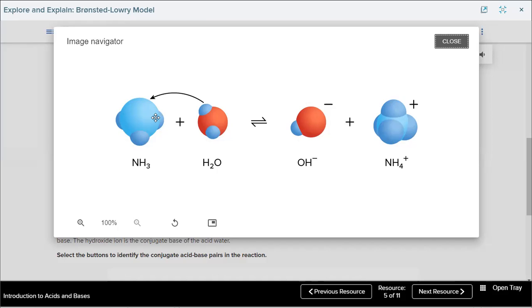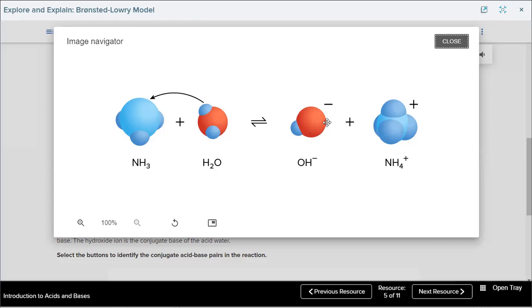With HF, it was a base. But in this equation, H2O will be an acid, because it gives hydrogen to ammonia. H2O will change into OH minus, while NH3 will change into NH4 plus.